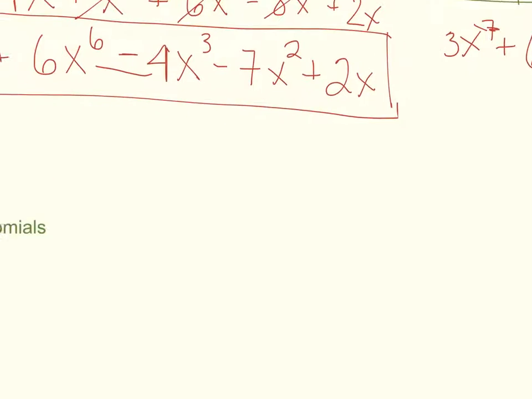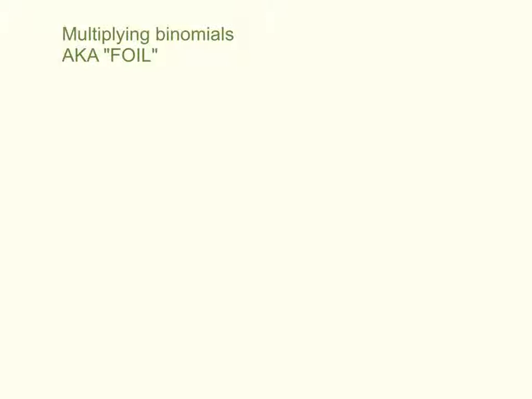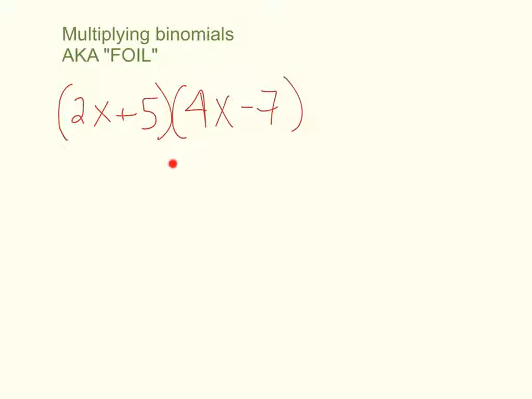Okay, the other thing we need to talk about is what you probably knew as foiling, which is when we're multiplying two binomials. So suppose we have a binomial. Let's say we have 2x plus 5 times 4x minus 7. We're still going to distribute first the 2x, but the 2x gets distributed to the 4x and the minus 7. So that's going to give us 8x squared.